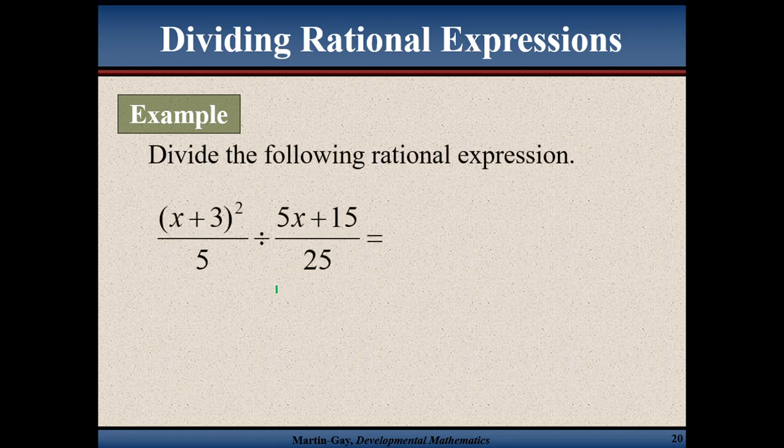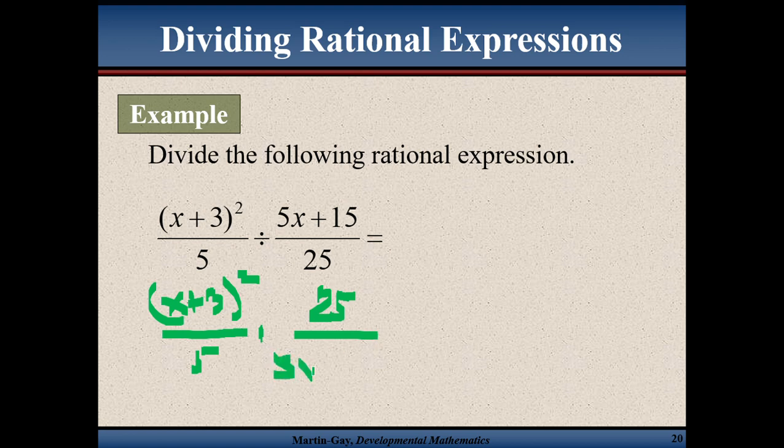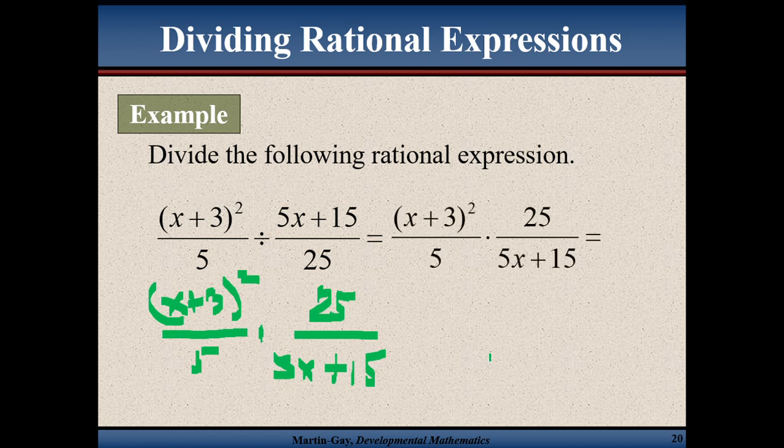So, we have yan. So, actually ito, ang mangyayari dyan, kasi, di ba, x plus 3 squared over 5. I-reciprocal natin yan, maging 25. Magpapalit ng dalawa yan para maging multiplication siya. So, ganyan nangyari dyan, di ba?